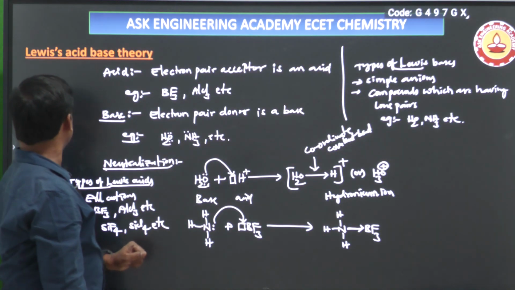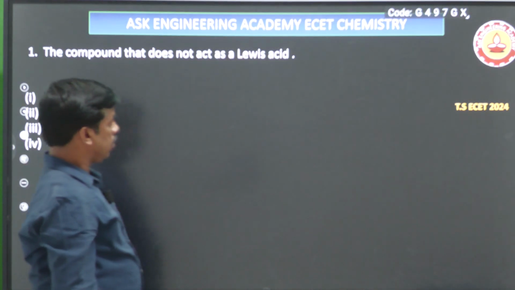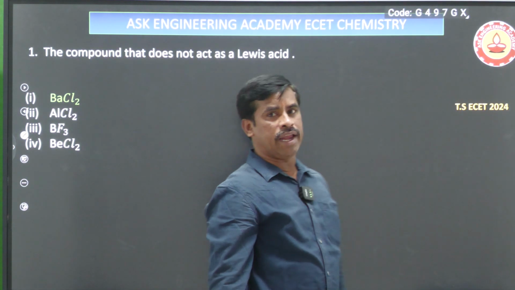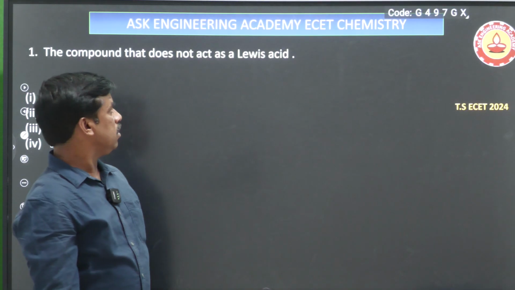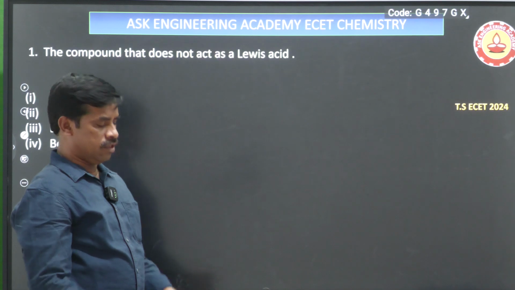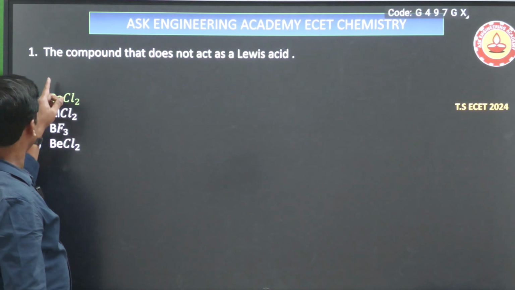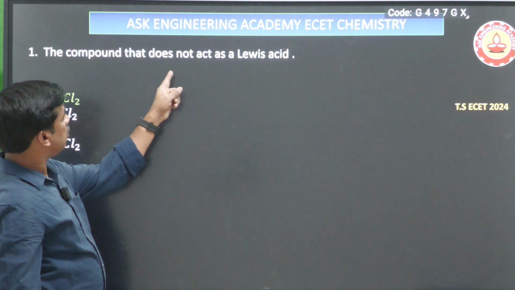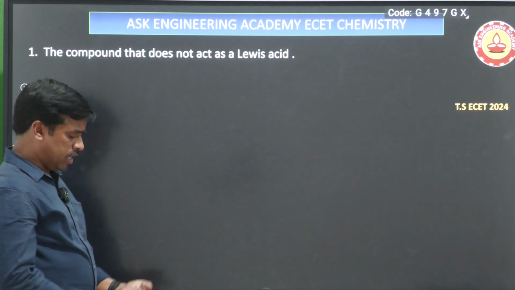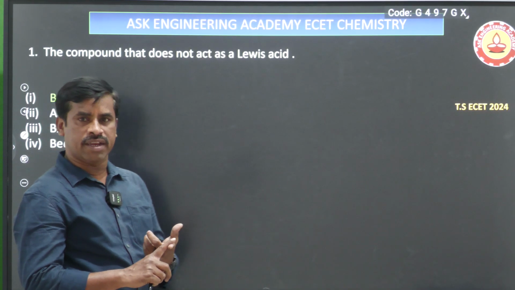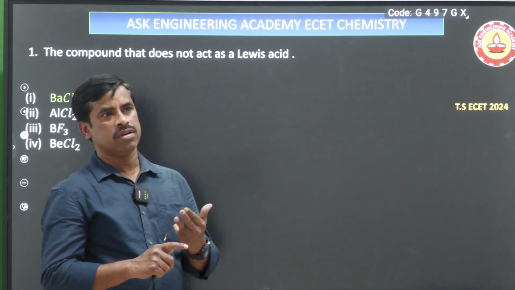Next I would like to continue with the next topic. Now I would like to discuss a sample question for the ECET examination of Telangana and Andhra Pradesh. Listen to this question. What is the question given? The compound that does not act as a Lewis acid. Just now I completed Arrhenius theory, Bronsted-Lowry theory and Lewis theory.